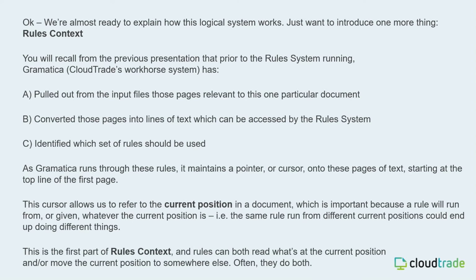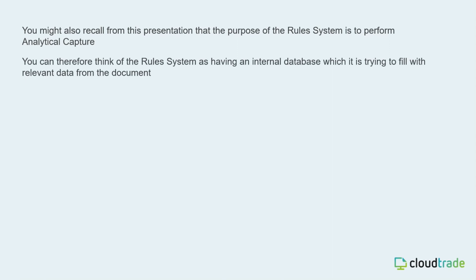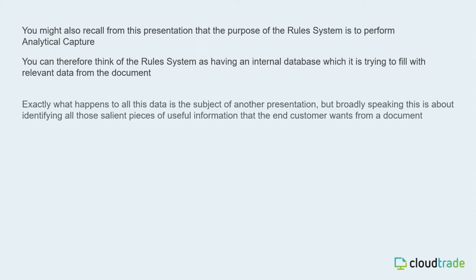That's the first part of rules context. And rules can read what's there and also move the current position somewhere else. They often do both. You'll also recall that the purpose of the rule system is to perform analytical capture. So you can think of the rule system as having an internal database which it is trying to fill in with relevant data from the document. Exactly what happens to all that data afterwards is the subject of further presentations, but broadly speaking, this is about identifying all the salient pieces of useful information that the end customer wants from a document.